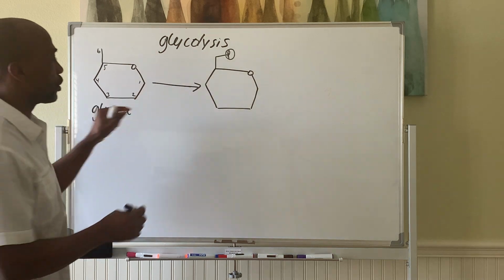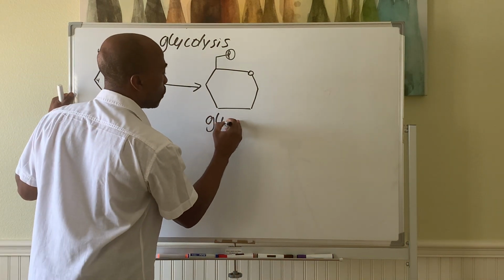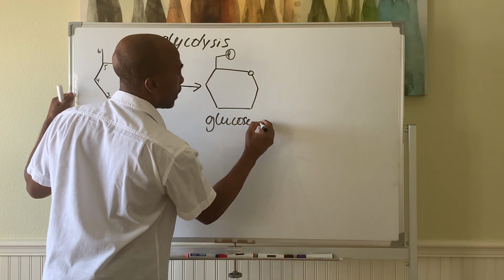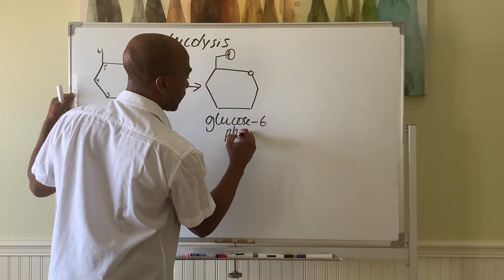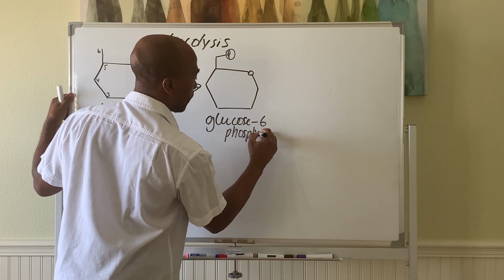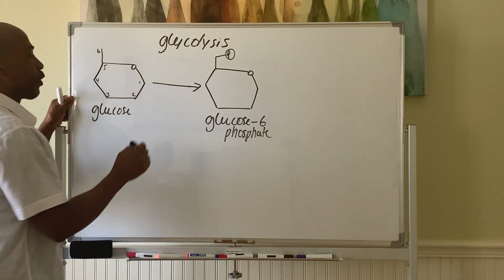So now it's called glucose 6-phosphate. Okay. That's reaction 1.